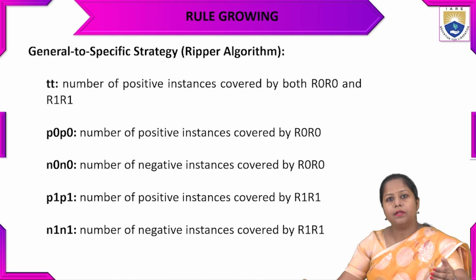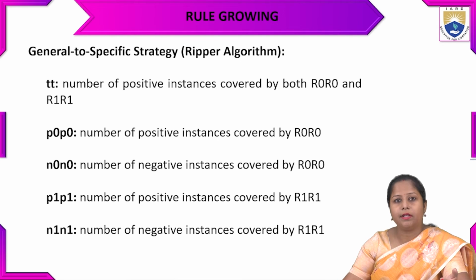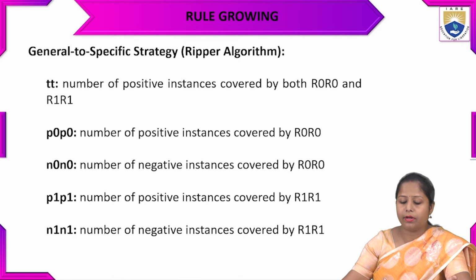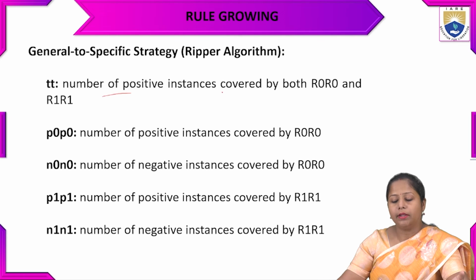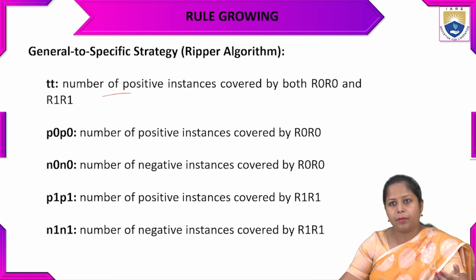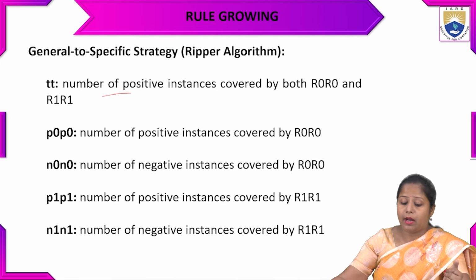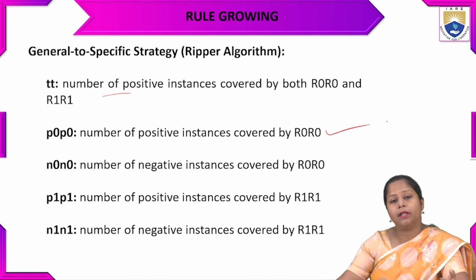Now, what are the terms we have used there? The t was the number of positive instances covered by both the R0 and R1 rules. The P0 was the number of positive instances covered by R0.